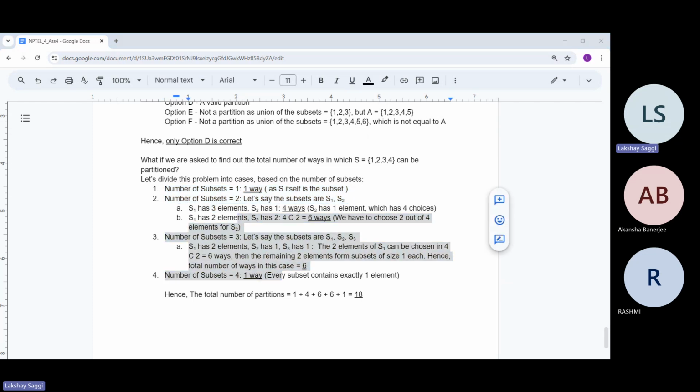Once you learn about recursion, which will come in upcoming lectures, I believe this same problem can be solved much more efficiently. But I wanted to avoid talking about something which has not been taught in the lectures. So even though this question may seem very tedious, once you learn about recursion you can calculate it much faster. But for now, I believe this is the correct method, and you'll have 18 ways here.